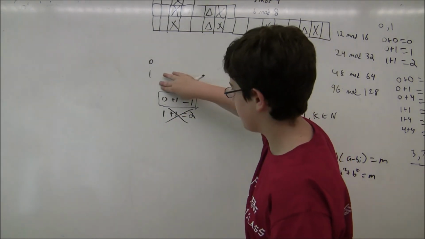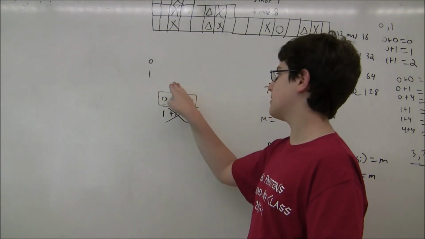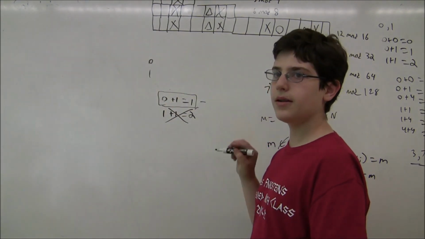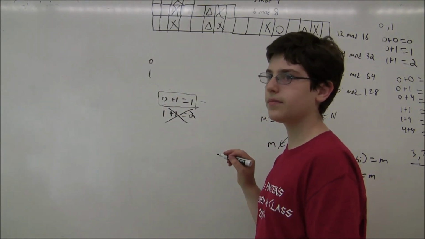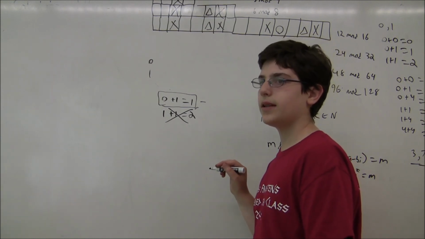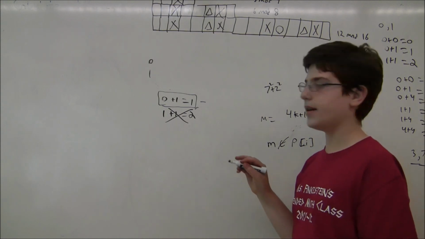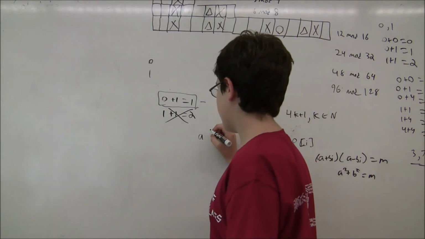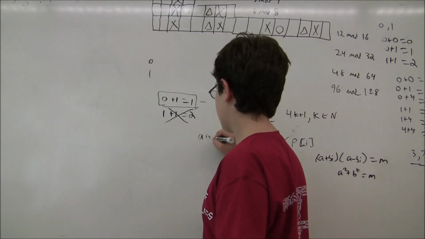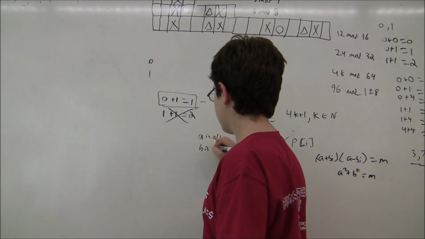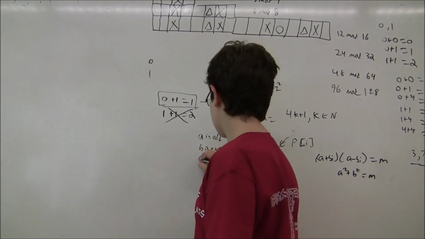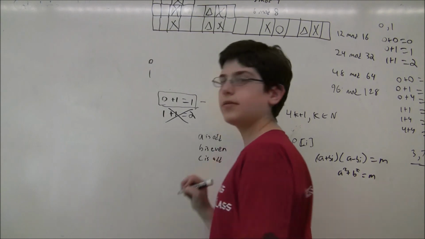So this is never reduced, and 0 plus 1 equals 1 is the only possible reduced form. So you know that one leg has to be odd, one leg has to be even, and the hypotenuse will be odd. That's true for all Pythagorean triples. That's really cool.